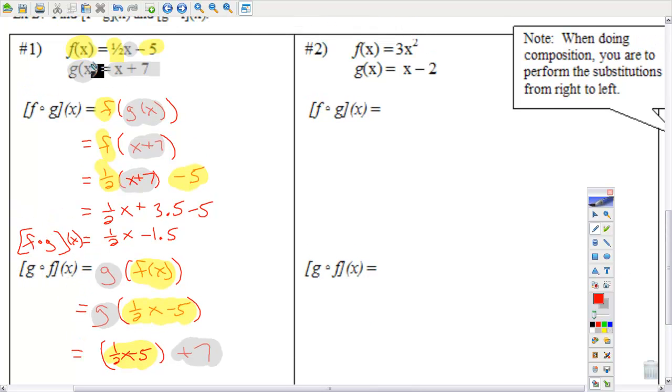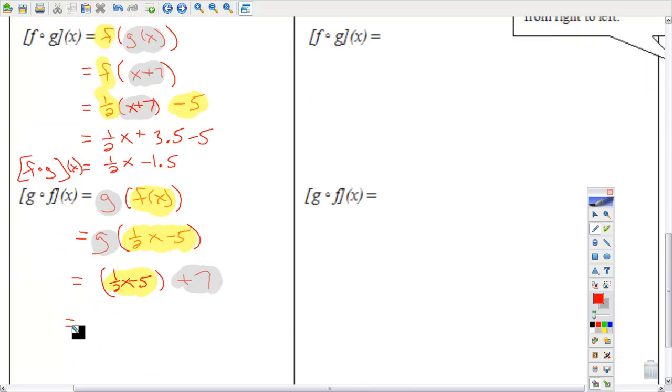G of f of x says take function g of x, and every time that you see an x, replace it with 1/2 x minus 5. That's all it says. Take 1/2 x minus 5 and put it right in there in place of that x. That gives us 1/2 x minus 5 plus 7. Combine like terms, because the parentheses here have no mathematical value, and we get the following.